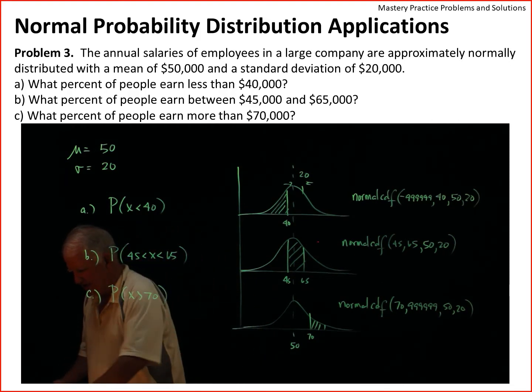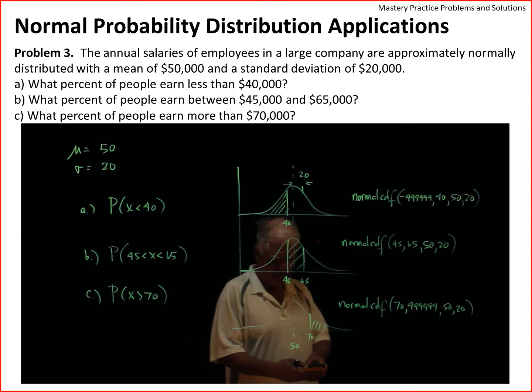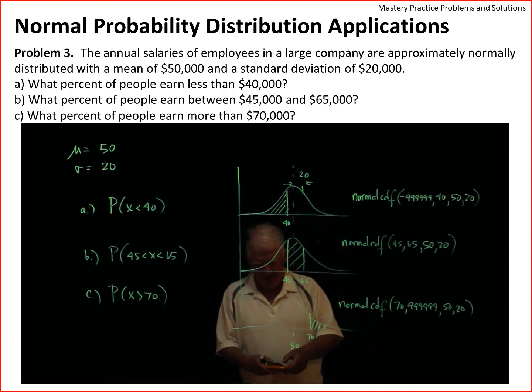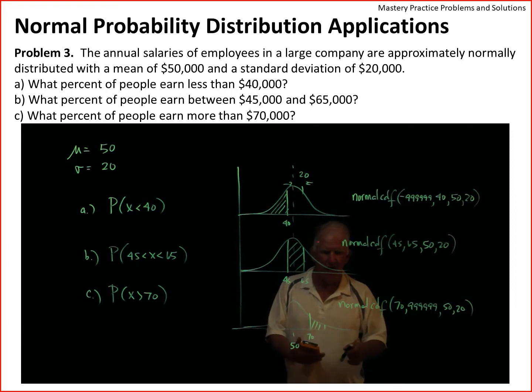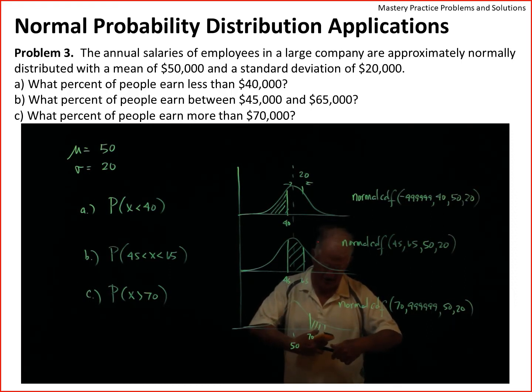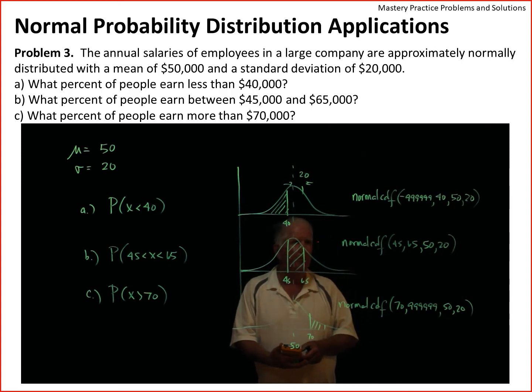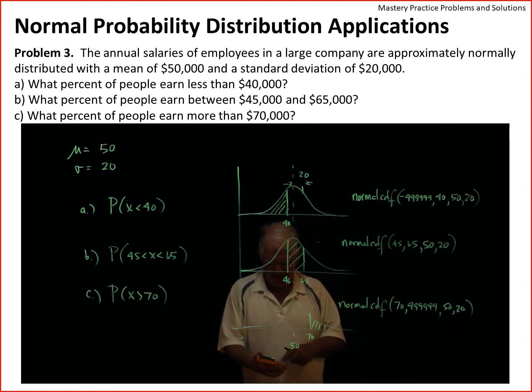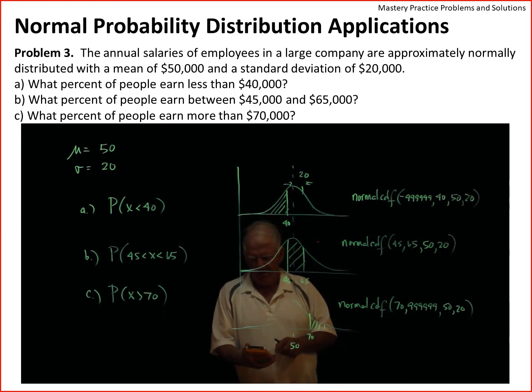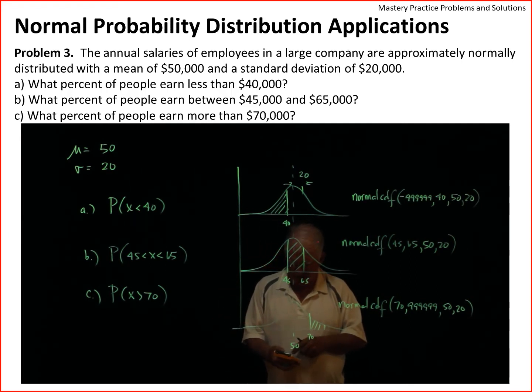So, I'm going to pull out the calculator. Let's whip out all of these guys very quickly. Turn the calculator on, go to distribution, go down to normal CDF. I have minus 1E99 already in the calculator. I have the upper bound is 40, mu is 50, sigma is 20. All right? Paste that guy in, throw the calculation. It says quit, for crying out loud. Not sure why. So let's do this again.